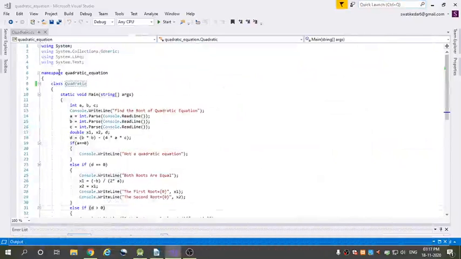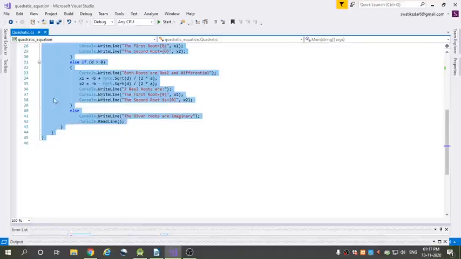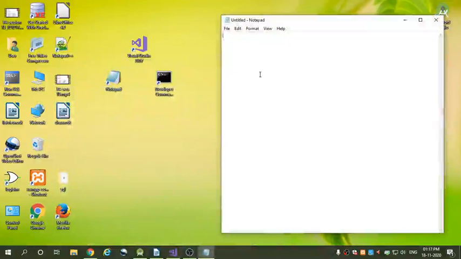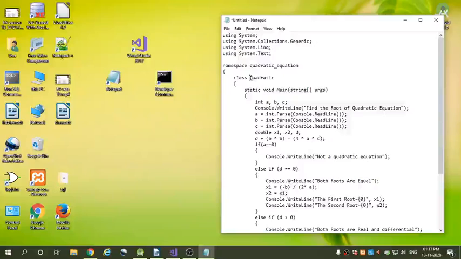Visual Studio. Now we go for the execution on the developer command prompt. For that you have to copy this program and open Notepad and paste it here and save this file, and give the class name as the file name. The class name is Quadratic.